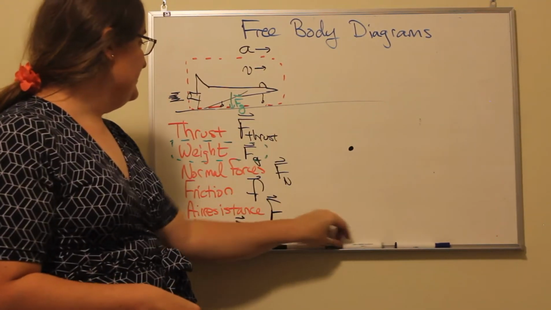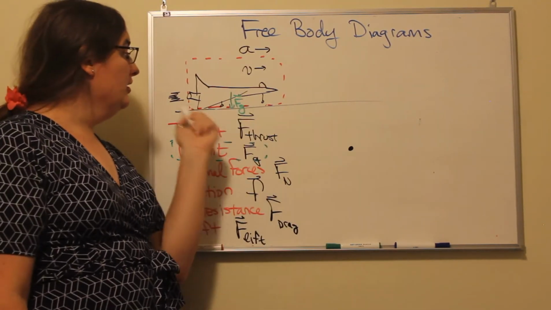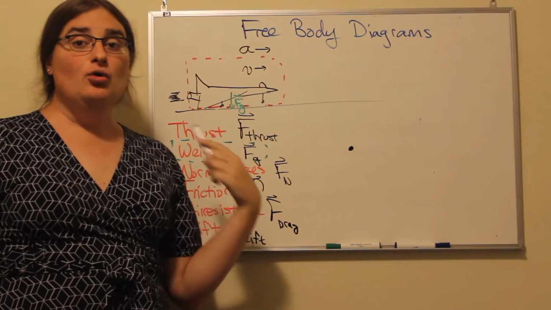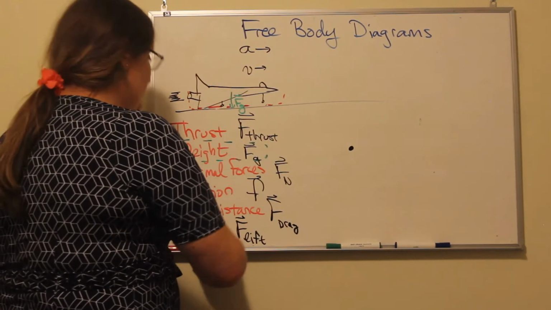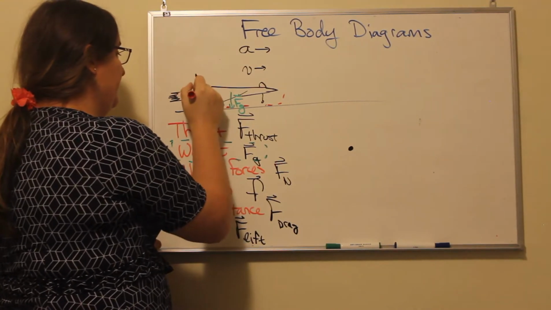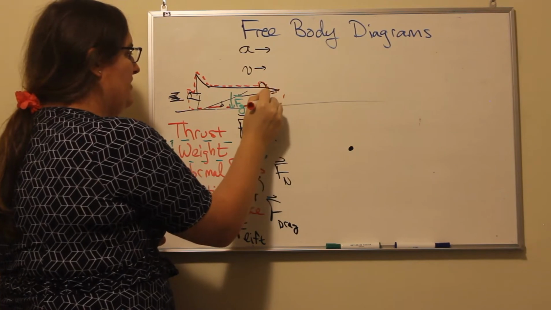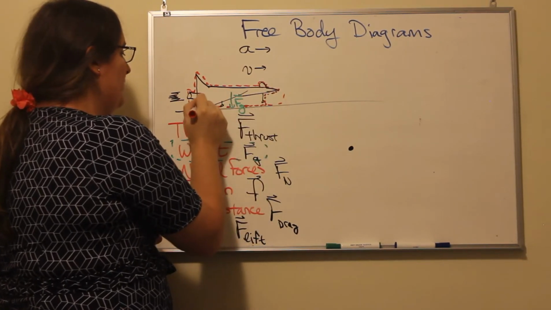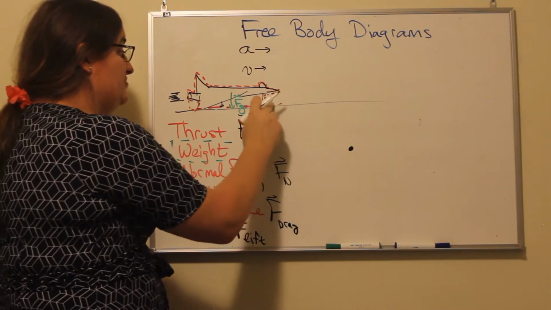Now, for the contact forces, I like to draw those forces along the boundary of this plane where they're acting. And I'm actually going to tighten up my boundary just a little bit and make it right around the surface of this plane, since I have this physical object here.